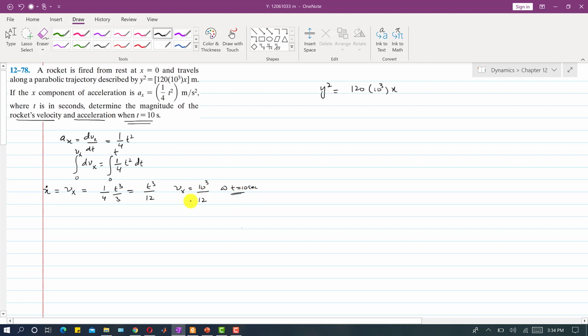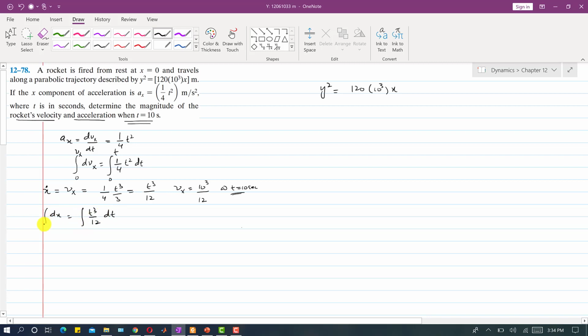I will find this a bit later. Similarly, vx is dx by dt, equal to t cubed divided by 12, so we can write dx equals t cubed over 12 dt.